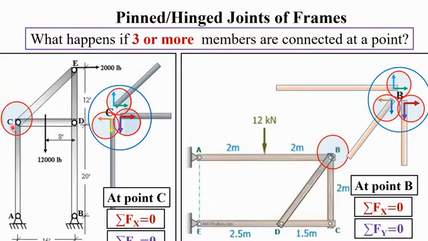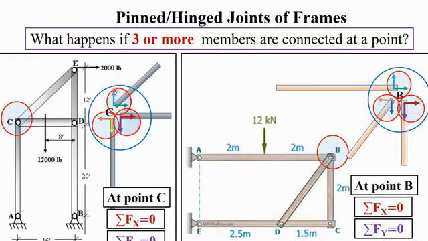Now if three members, you see, one, two, three, are connected, and there is no external force in this case, the three members will have three pairs of forces, but all will not be of the same magnitude. But one thing is the same as the original.